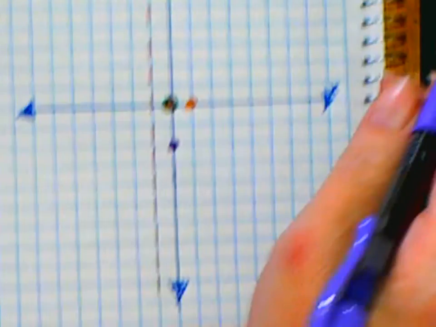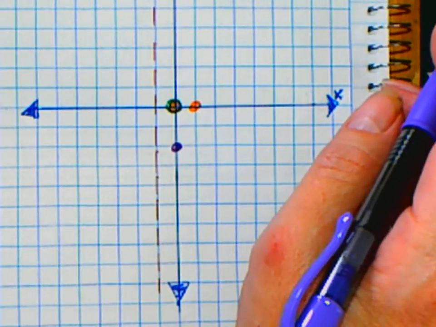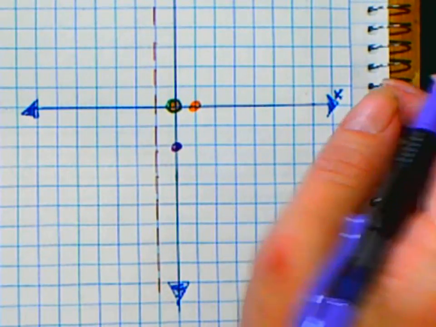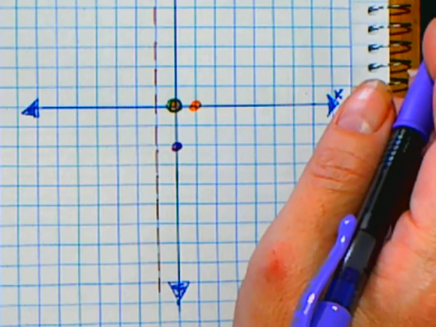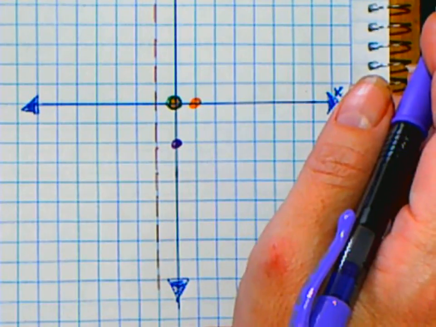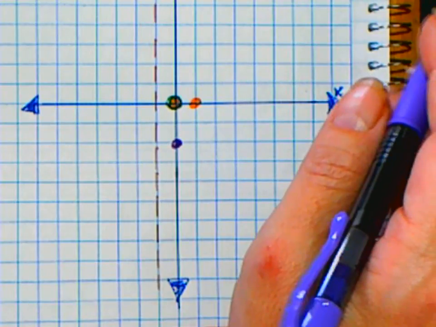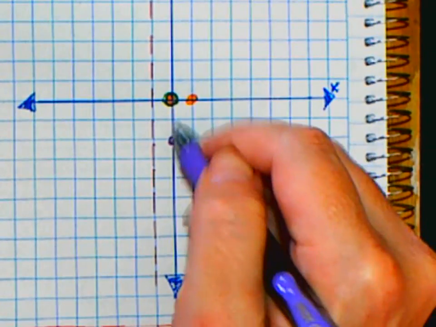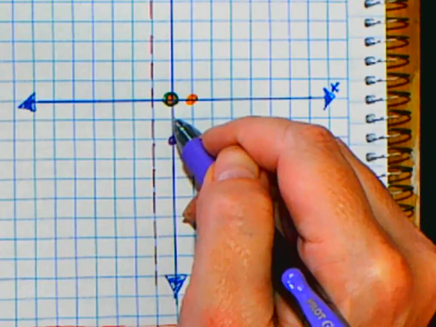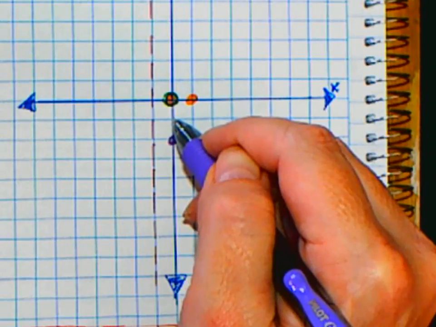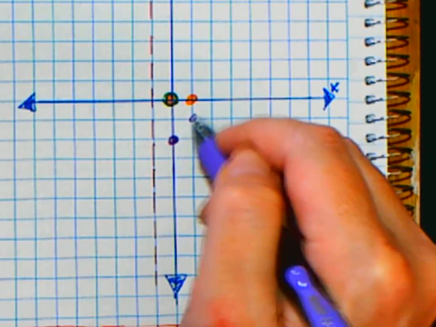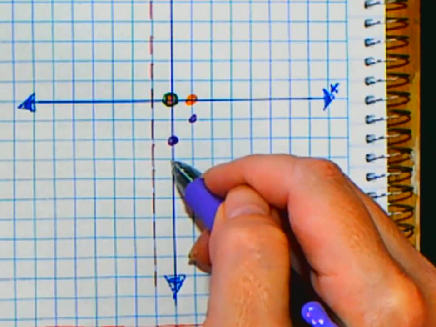My slope is a positive 1. Rise 1, run 1. So it's positive. That means the right side of my line has to point up. So if I go up 1, do I go left 1 or right 1 to make a positive slope? Right 1. Does that mean I can't go down?